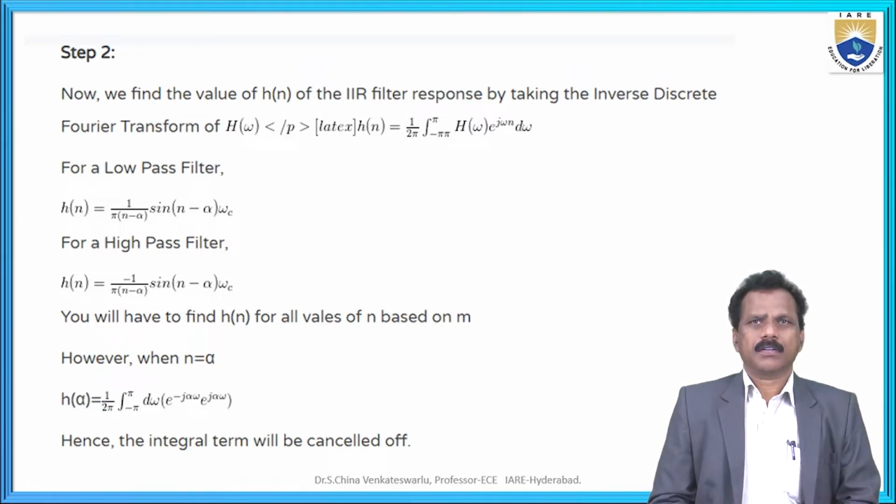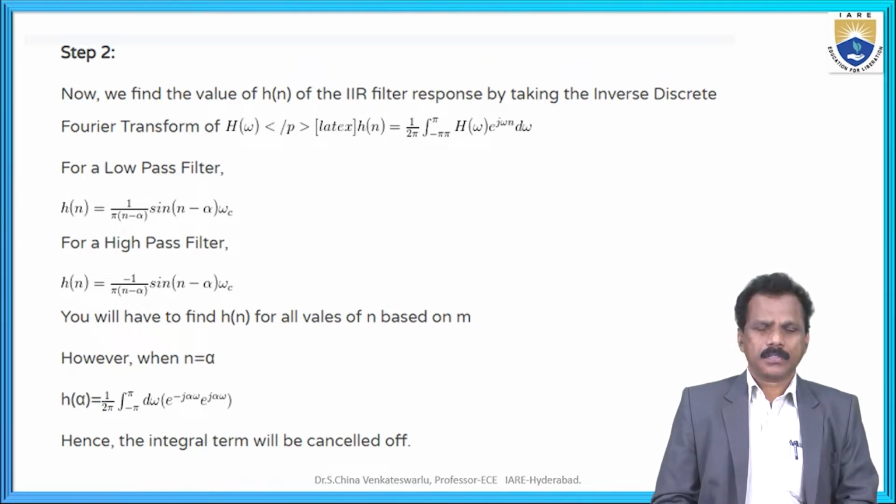Coming to the second step, now you find the value of h(n), the impulse response of the non-recursive filter, by taking the inverse discrete Fourier transform of H_d(omega). The impulse response h(n) is equal to 1 by 2 pi, integral from minus pi to pi of H_d(omega) e power j omega n d omega.